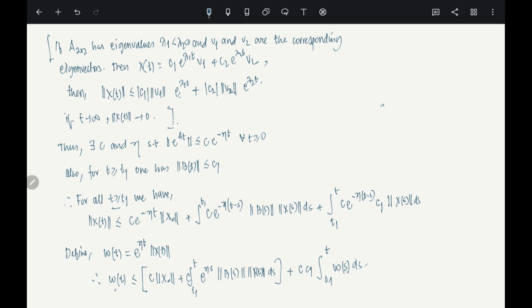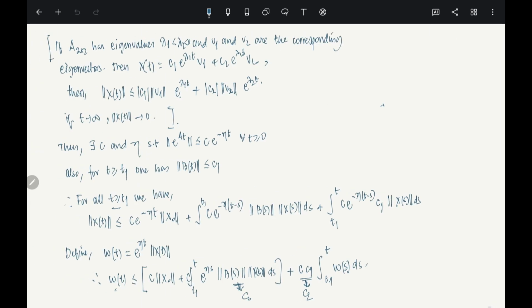Now what does that imply? See, let's just call this particular term maybe C naught, and let's just call this term C2. C1 is already there. Okay, so once this is there, what we can say is w of t is dominated by C naught plus C2 times the integral from t1 to t of w of s ds, right?